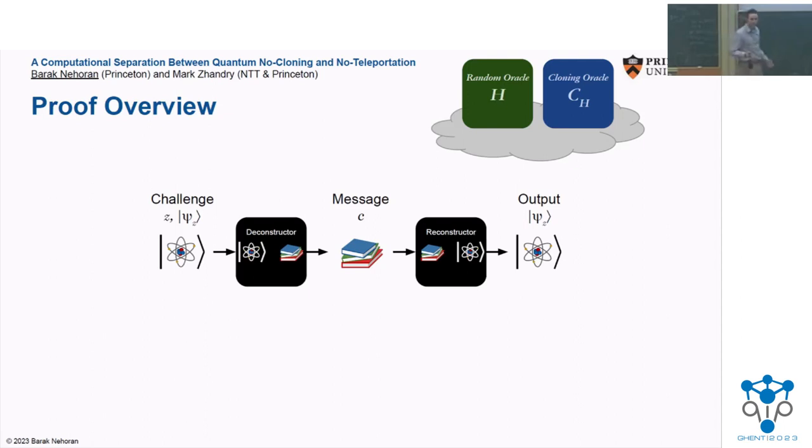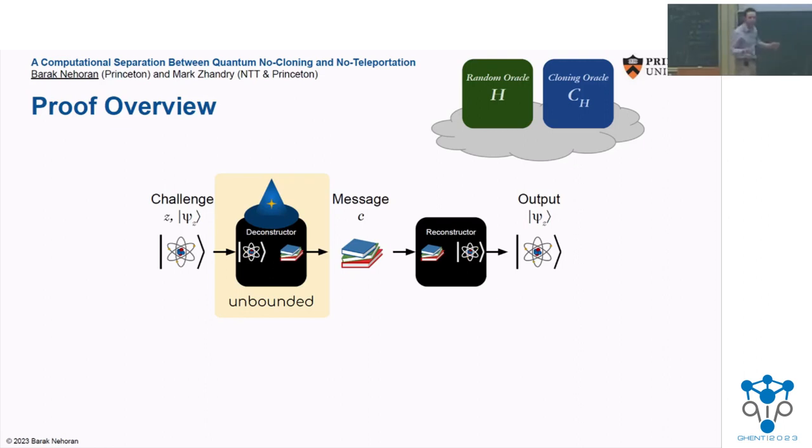Well, so how do we do this? The first thing that we do is a bit counterintuitive. We actually strengthen the thing that we want to prove, and what we prove is that even if the deconstruction process is unbounded, we still cannot teleport. And why do we strengthen it in this way?